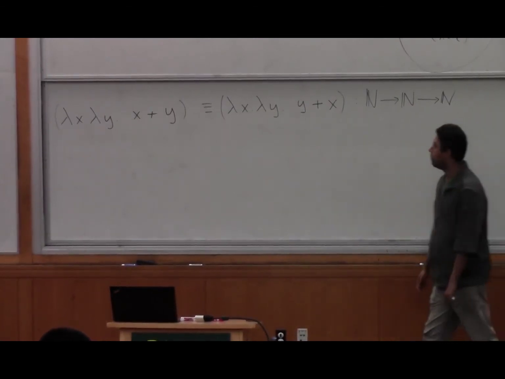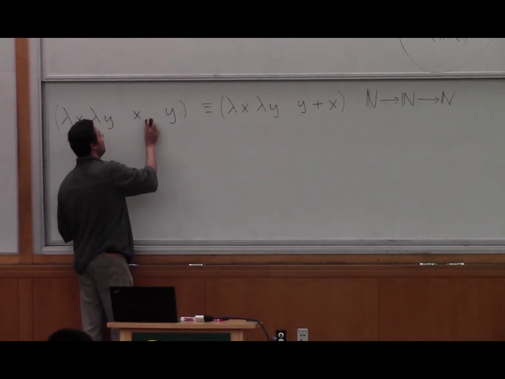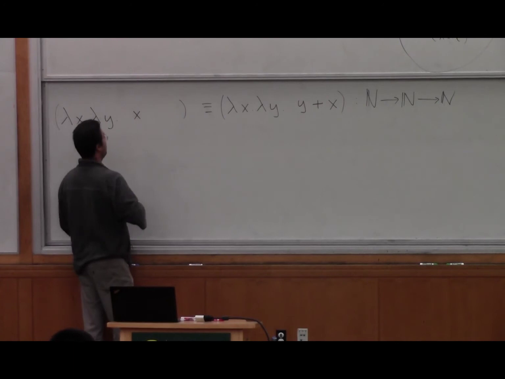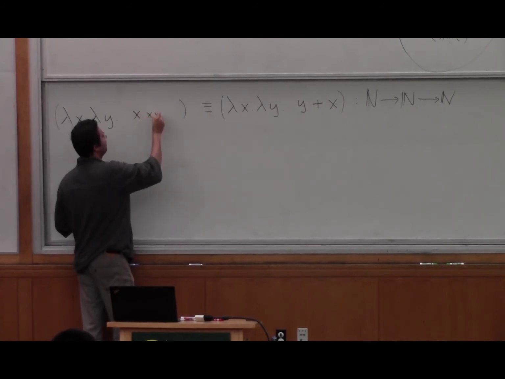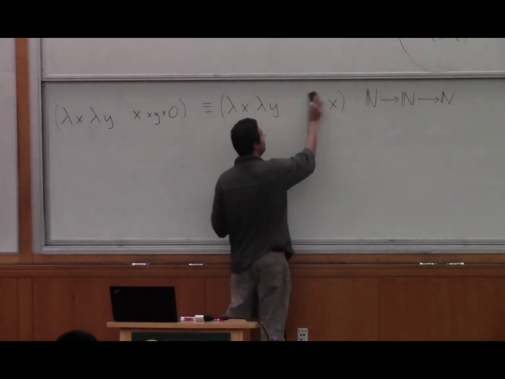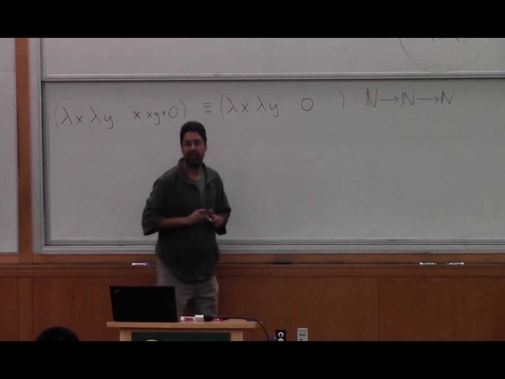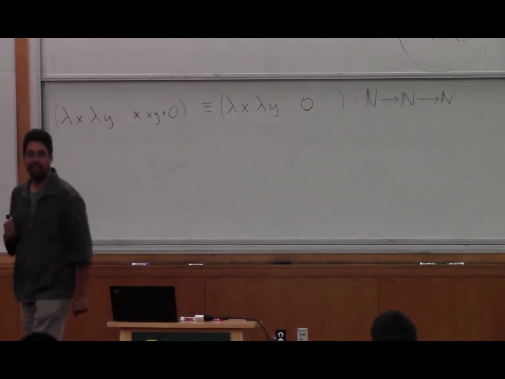We might even have more exciting equations. Let me make it super exciting. We might have x times y times 0 is equal to the constant function lambda x y. 0. If you have this equation, there's lots of things you can do.